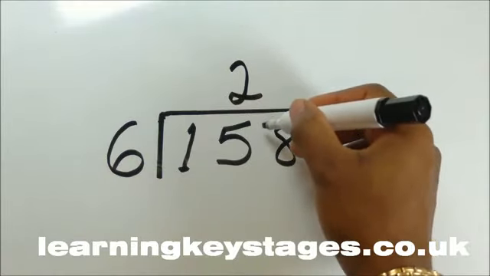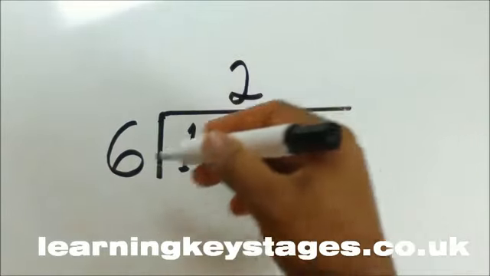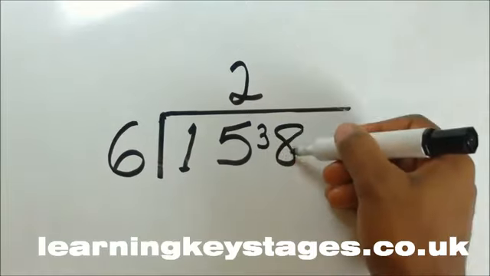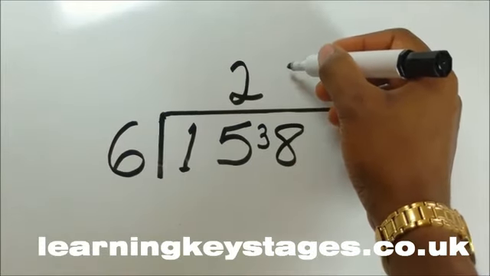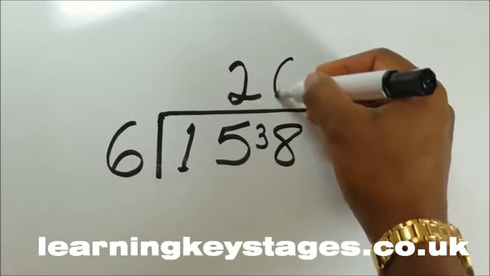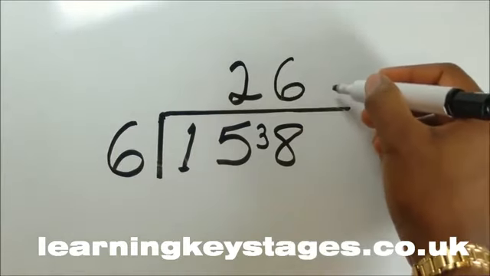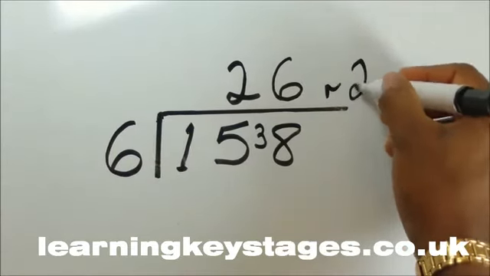Remainder 3. 6's into 38. As you know, 6 6's are 36, so you drop that 6 down there. Remainder 2.